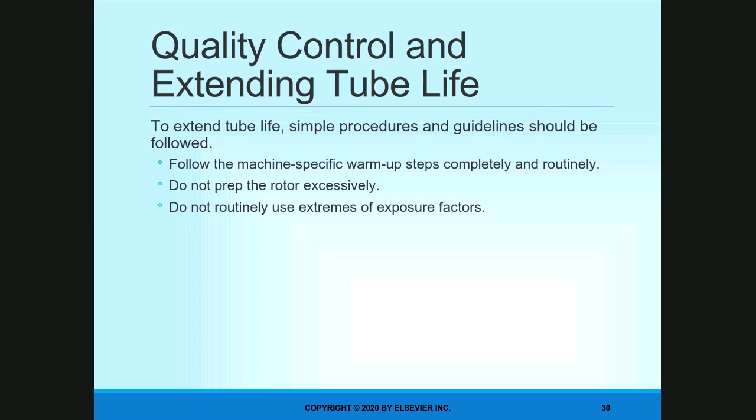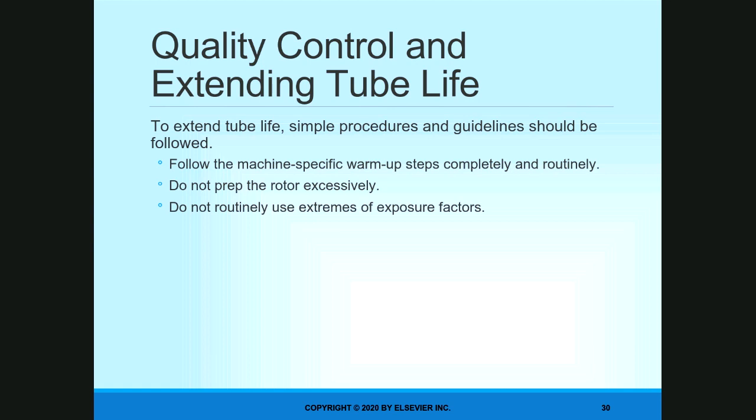And you don't always want to use extreme values when we do our exposures, meaning you don't want to use very high exposures all the time, because it can actually pit the anode, which makes a small area where it melts. Then it won't output the radiation the way you want it to. By the same principle, you don't always want to use very low, long exposures, because that can wear out the tube as well.